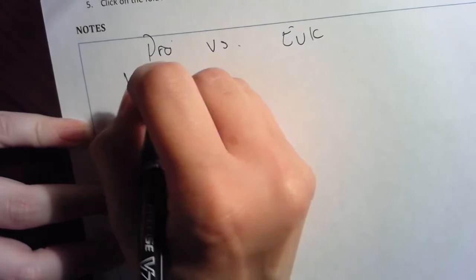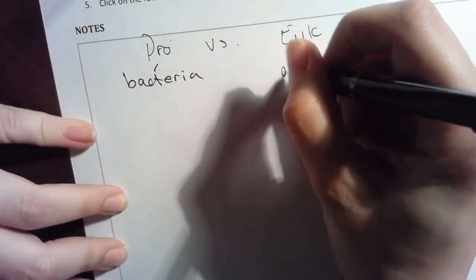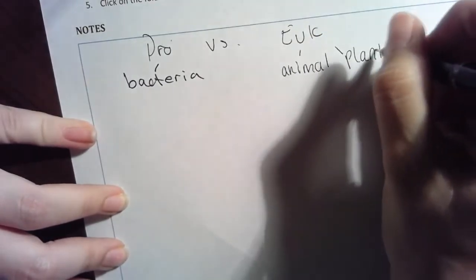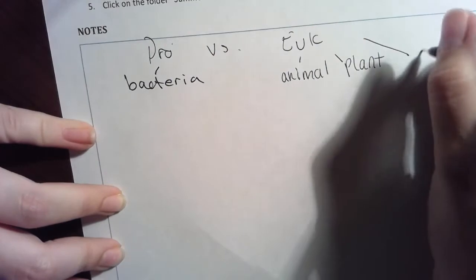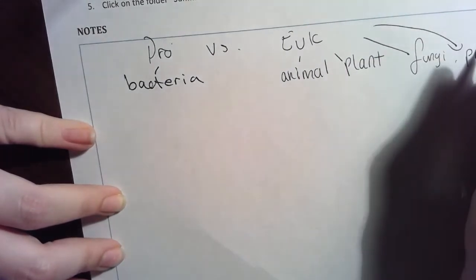Prokaryotes are simply bacteria, and eukaryotes can be animal cells, plant cells, fungi, and protists.